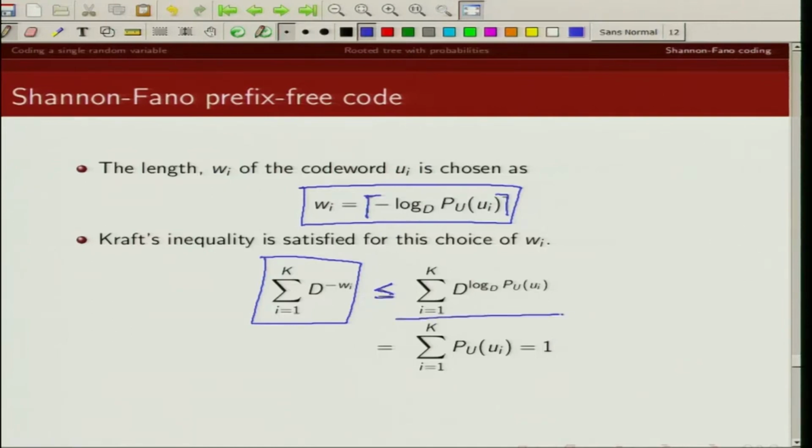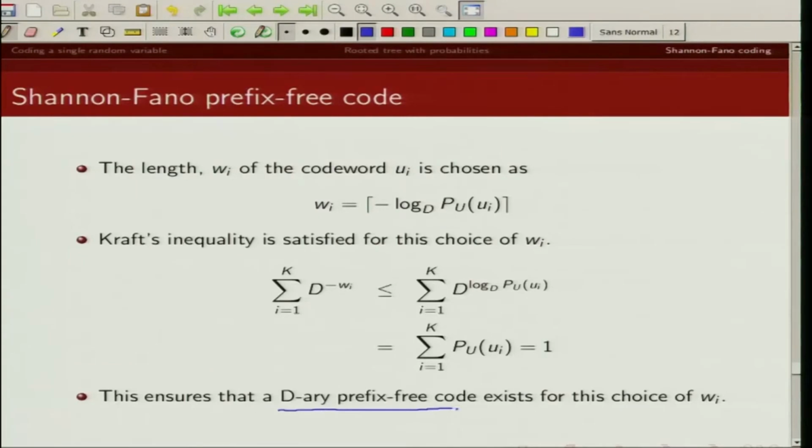Now this can be written as the summation over i equal to 1 to K of P of Ui, and this is nothing but equal to 1. So what we have shown is, if we choose our code word length in this particular fashion, then Kraft's inequality will be satisfied. Hence this will be a prefix free code. So this ensures that the Shannon-Fano code is a prefix free code for the choice of Wi that we have chosen.